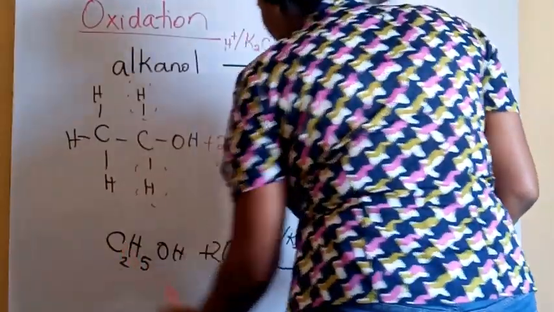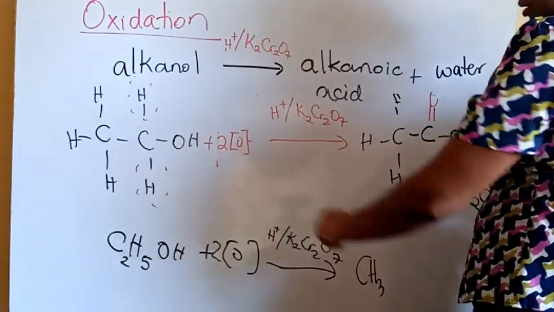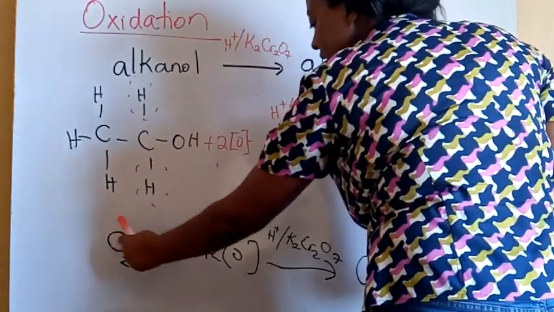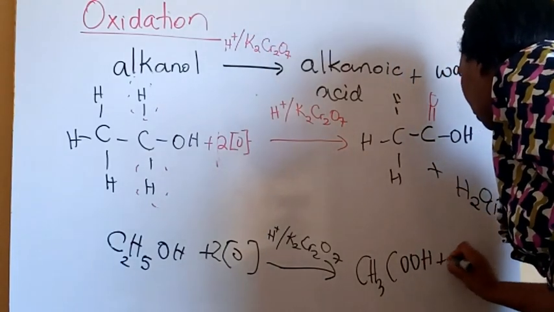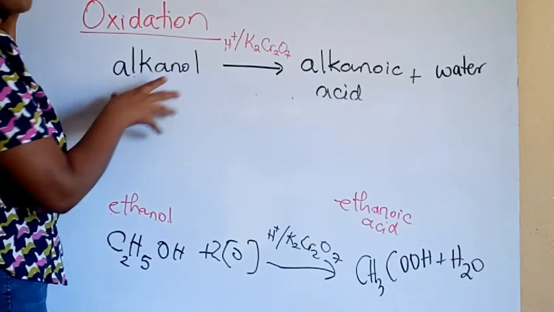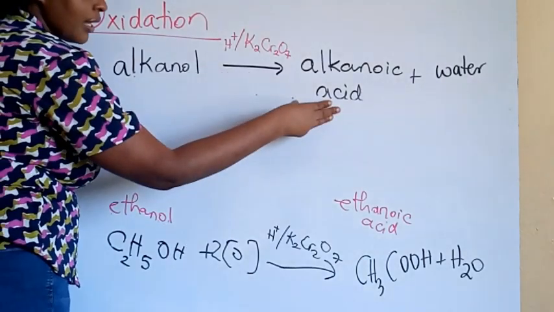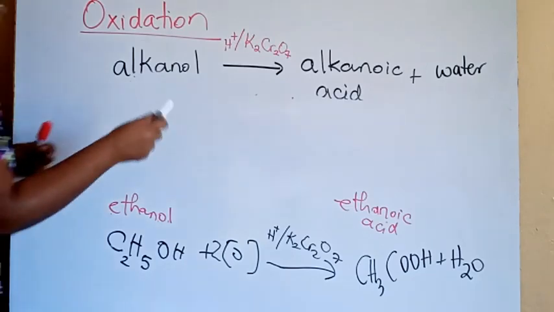So for the first carbon, we have CH3, because the next C goes in the functional group, COOH, plus water. So we're moving from alkanol to alkanoic acid, right?